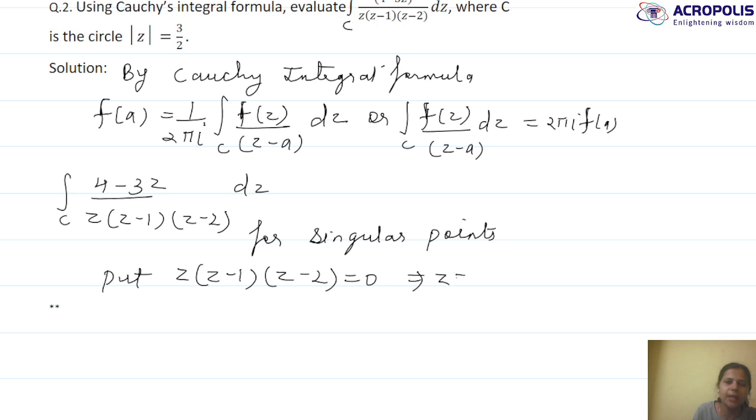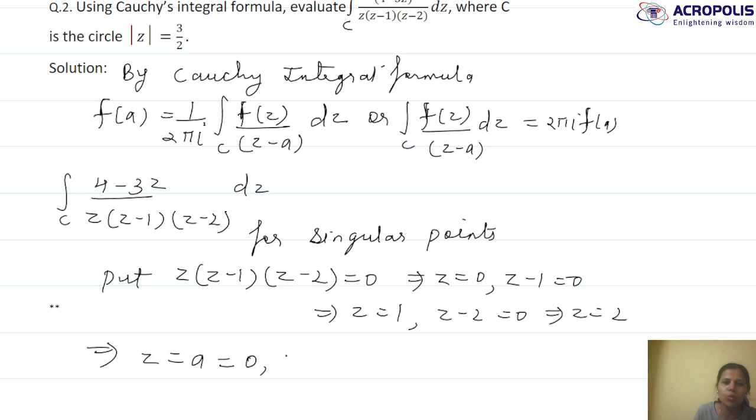This implies z equals 0, z minus 1 equals 0, that is z equals 1, and z minus 2 equals 0, that is z equals 2. So the points are z equals a equals 0, 1 and 2.